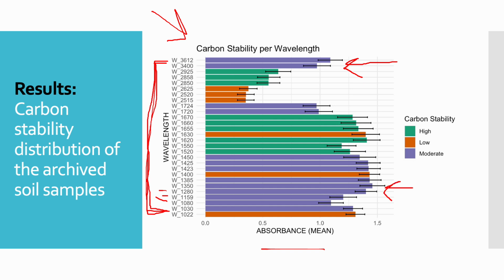So we can say that most of the soil samples have moderate carbon stability based on this graph, because there are 13 wavelengths that belong to the moderate carbon stability group, compared to the high and low carbon stability groups, which have 9 and 6 wavelengths respectively.